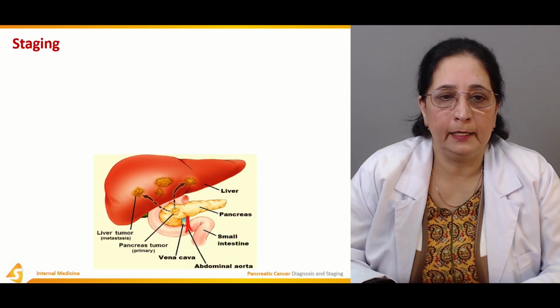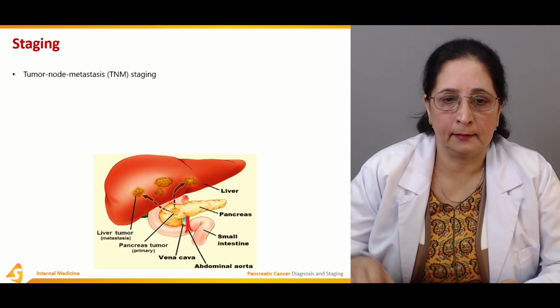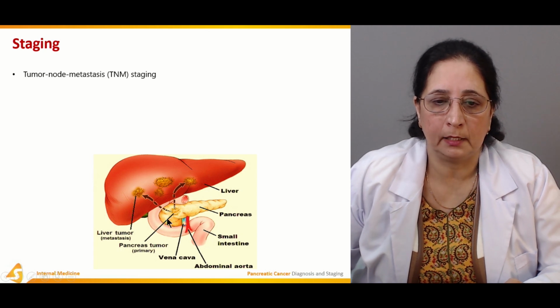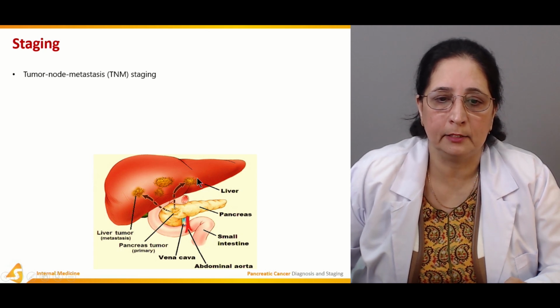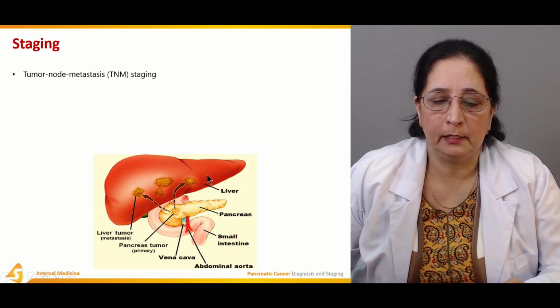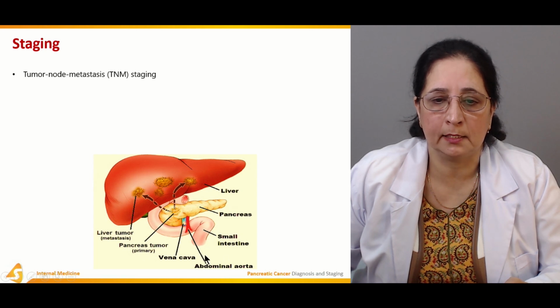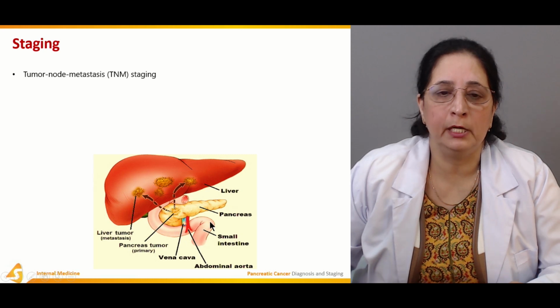Staging of the pancreatic cancer. Here you see the metastasis of pancreatic cancer to the liver. These are the liver metastases, then we have the pancreas tumor, and this is the small intestine, the C-shaped duodenum.